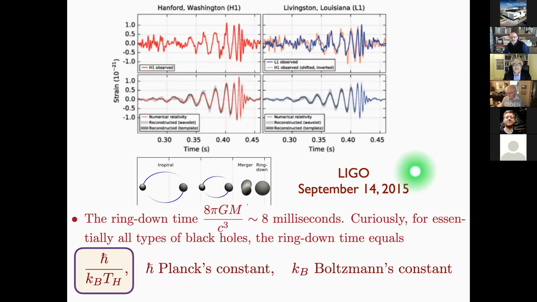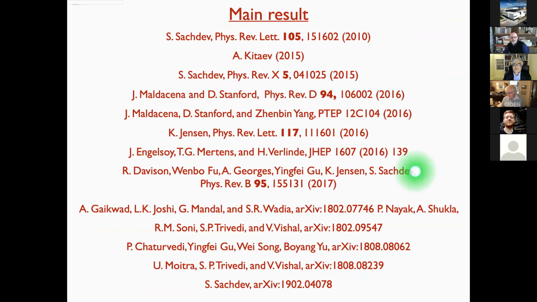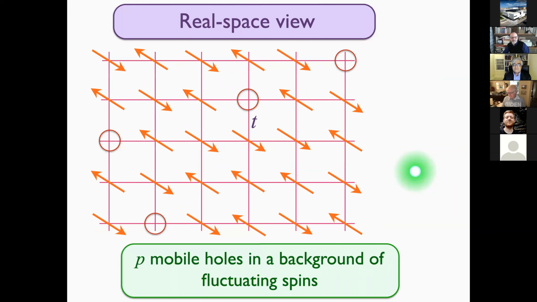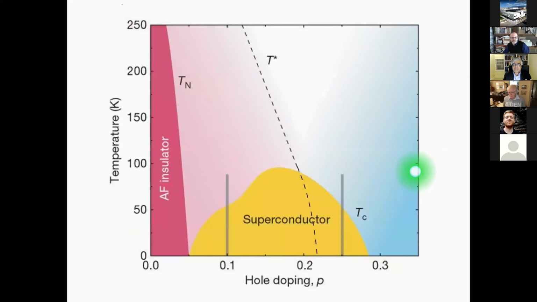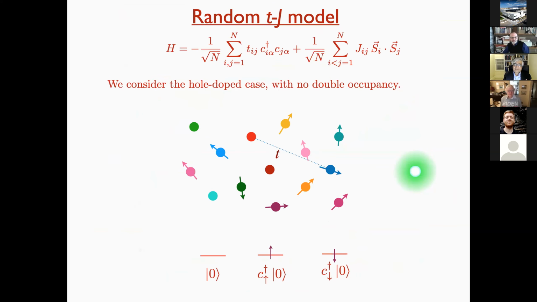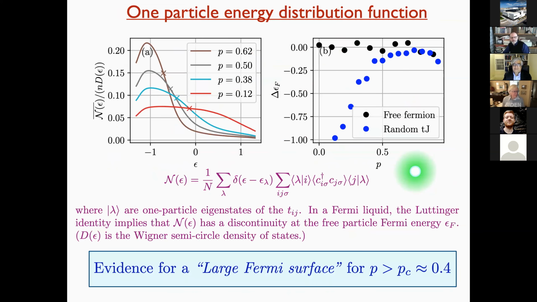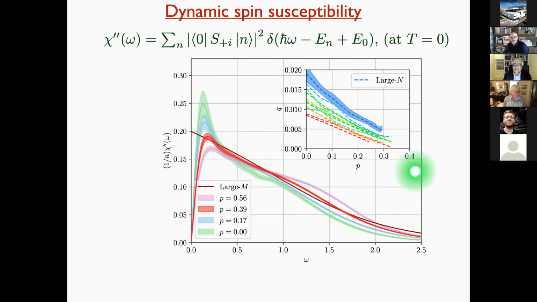I wasn't comparing to experiment, at least for the model. This is towards the end of my talk, right? Yes. So here's the random model, and what we do is a numerical study of this random model, and we're comparing that numerical study to theory. There's no experiment here. Oh, okay. Okay, go on.